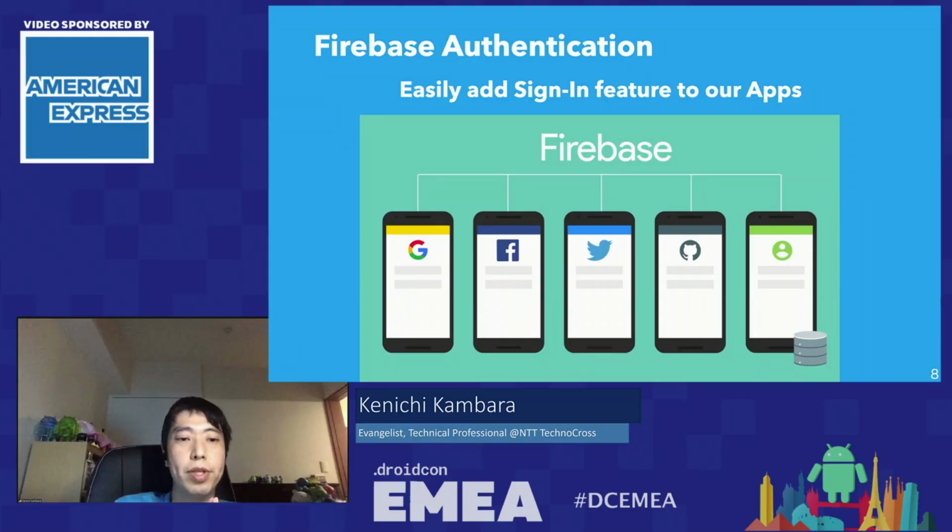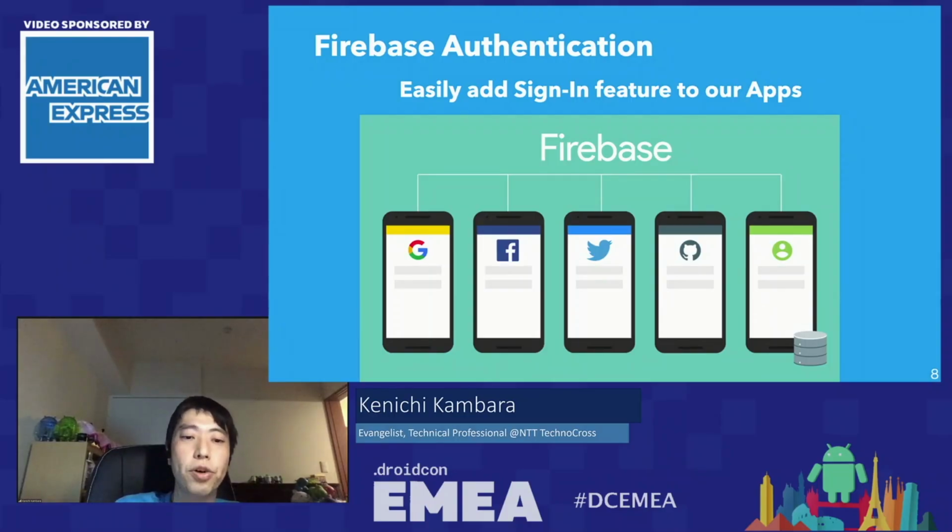Most apps require user identification, but generally, implementing an authentication feature is difficult for developers because there are so many points we must take care of. By using Firebase Authentication, we can easily add a sign-in feature to our apps. For all devices, we can provide the same user experience.